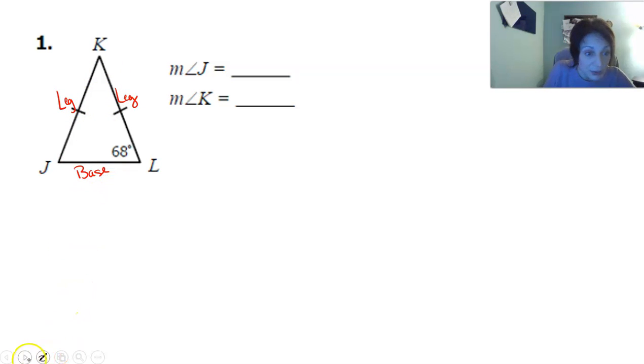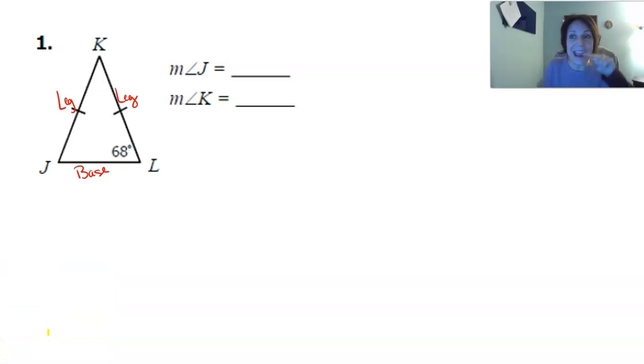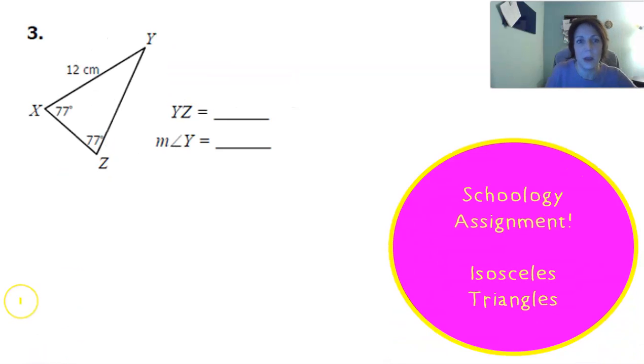So if I know where my base is, then I know where my base angles are. If this is my base, the base angles are the two angles that touch it. All right, so we need two theorems or two pieces of information.